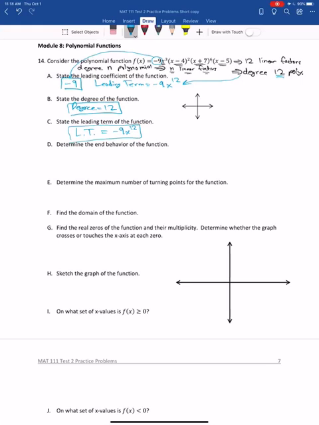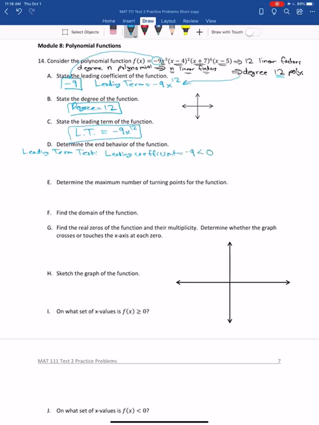Determine the end behavior. So let's talk about the end behavior using the leading term. So we're going to mention the leading term test. The leading term test describes the end behavior of the graph. So let's talk about the leading coefficient first, which we recognized as negative 9.